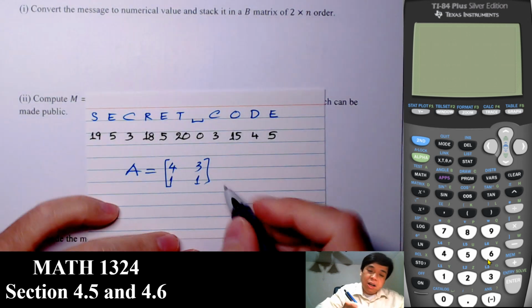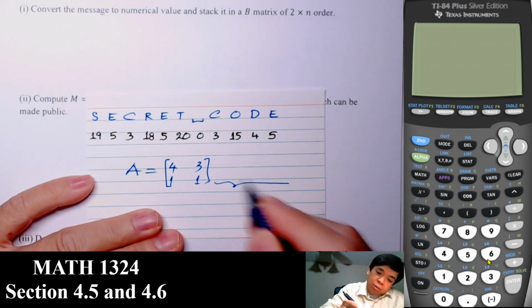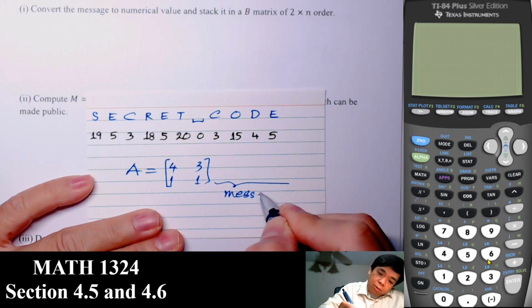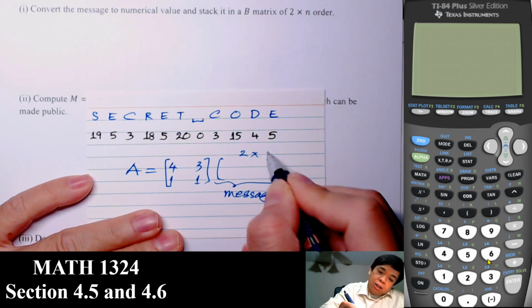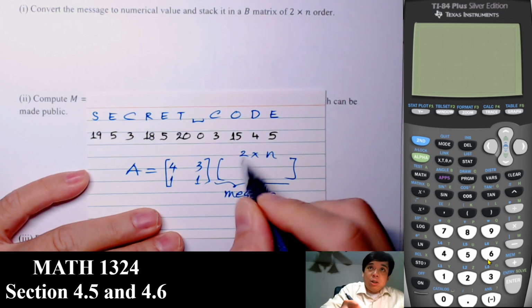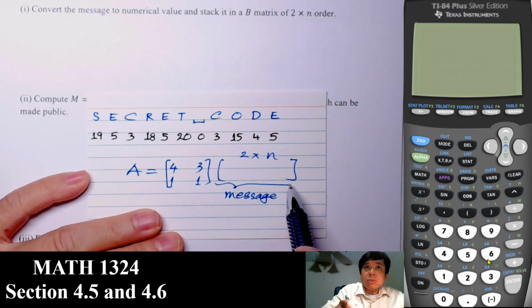So the message has to be something like 2 by n, and we don't know how far it goes along the row.